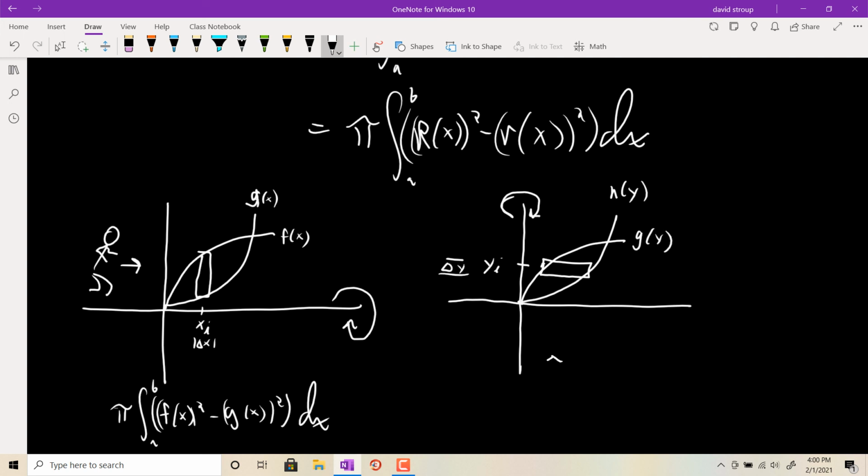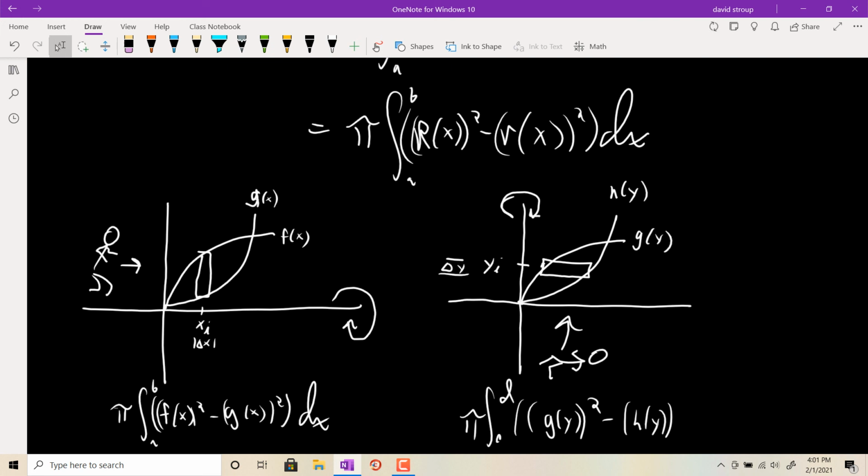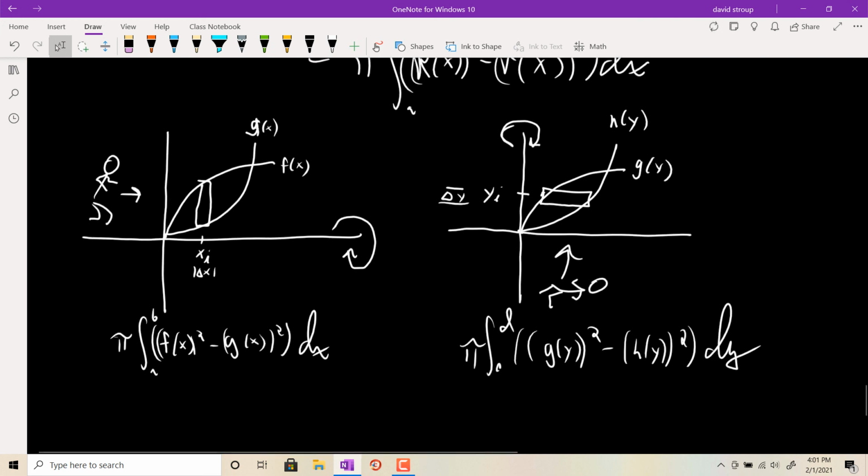Our Riemann man is running up the flagpole like this. So our integral in that case will be pi times the integral from c to d of g of y squared minus h of y squared dy. Okay, great. Let's take a look at an example.